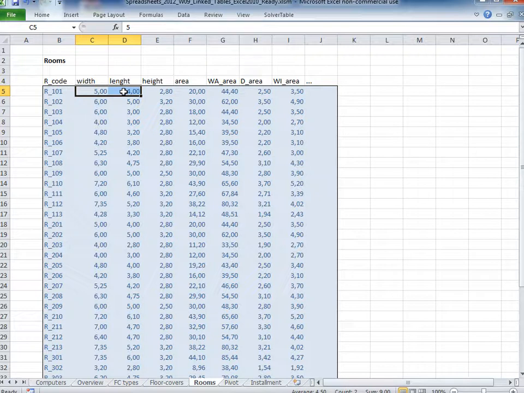Basically, from width and length we could get the boundary line around the room, and then if we use boundary line times height, we would get the full area of all the walls and doors and windows all together.